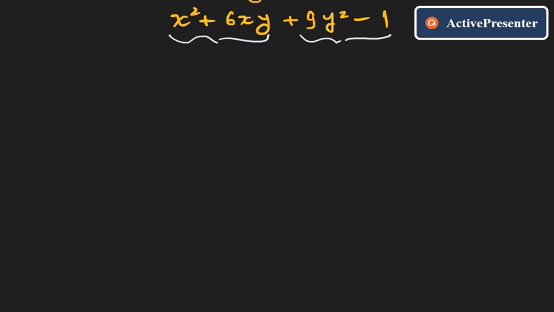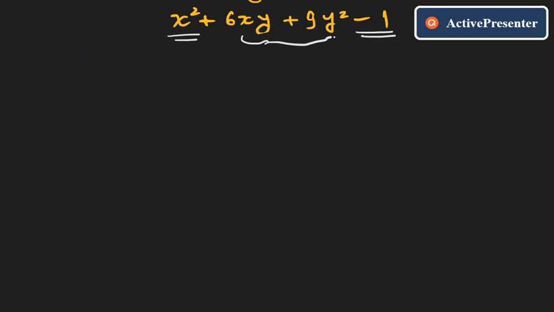Okay, what if we grouped, just look at this expression. What we can do here is take x squared and minus 1, and these two together another way.